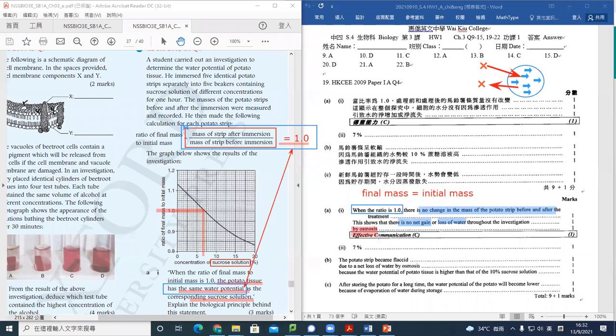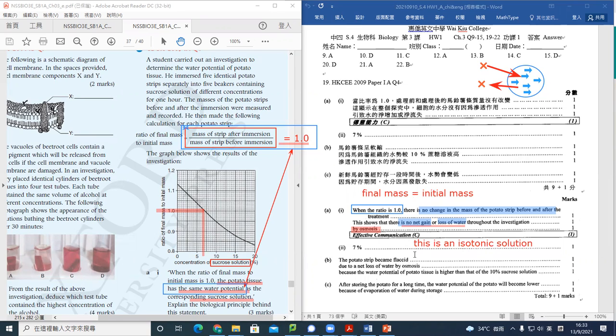So 3 marks in for this one. That's why no net gain, no net loss of water by osmosis. We can say, okay, this solution is an isotonic solution.